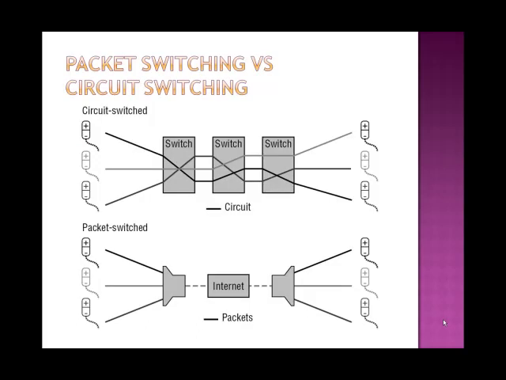Now, if you want to visualize how circuit switched communication worked versus packet switched communication, look at the top figure here, captioned circuit switched, where you have switches from one location to the next.